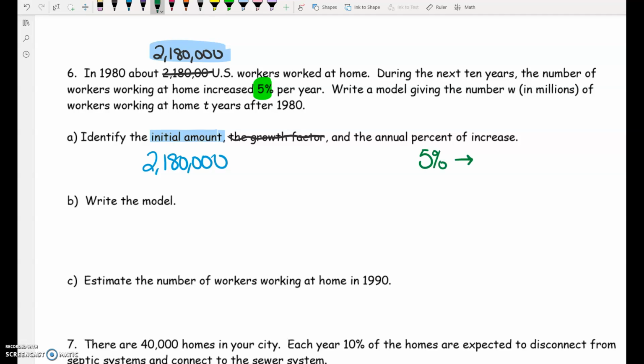What is 5% written as a decimal? 0.05. Write the model. The number of workers is going to be the starting amount, it's increasing, so 1 plus our rate, raised to the t.